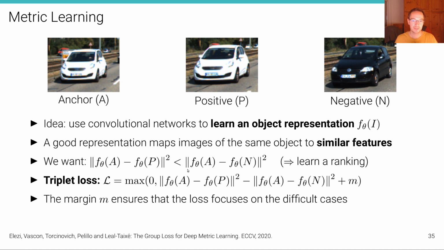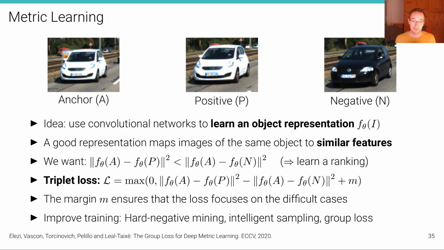And so we're making sure that everything that has been already correctly ranked is not considered in the loss function anymore, such that the loss can focus on the difficult cases. And that's really important. It's instructive to actually draw this loss function yourself and see how it behaves to better understand it. I could recommend that.